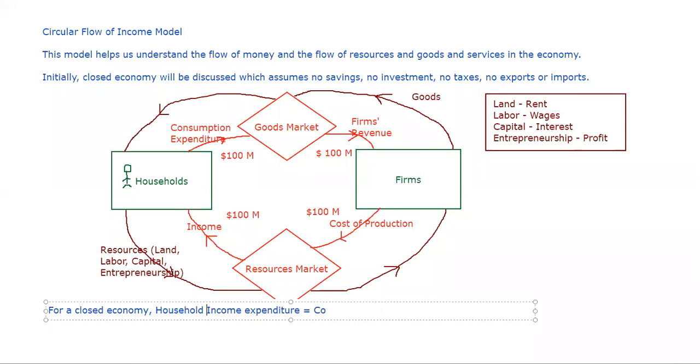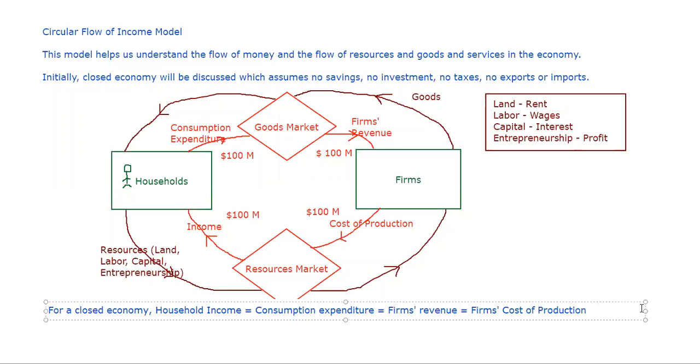Household income is same as consumption expenditure is same as firms' revenue is same as firms' cost of production. It's very easy to see why it is so.